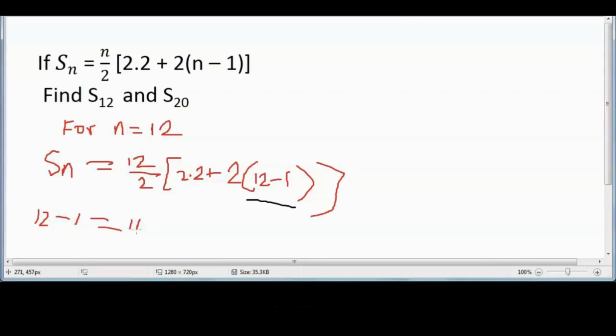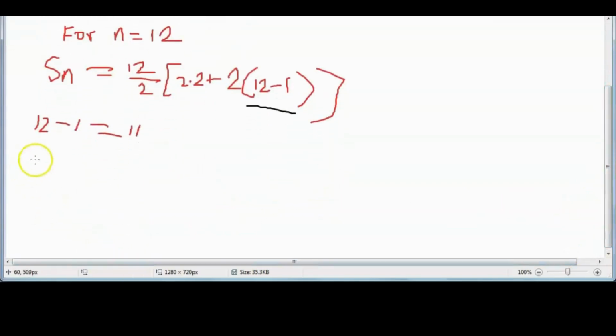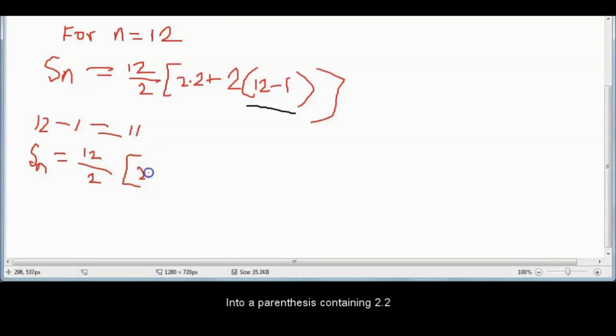So once again, the equation will translate to this: S_n equals 12 over 2 into a parenthesis containing 2.2 plus 2 times 11. 12 minus 1 has been replaced by 11.